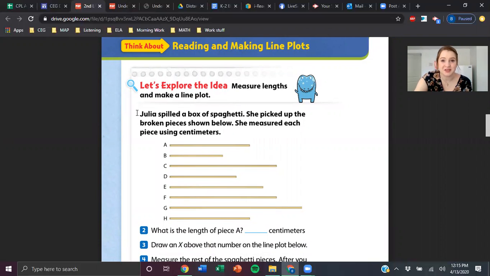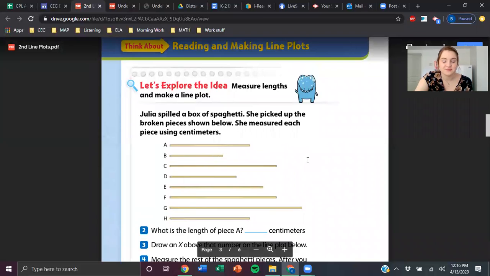She measured each piece using centimeters. Ooh, remember, on your ruler, make sure you're measuring with centimeters and not with inches. Do you remember which is smaller, 1 centimeter or 1 inch? If you said a centimeter was smaller, you're exactly right.